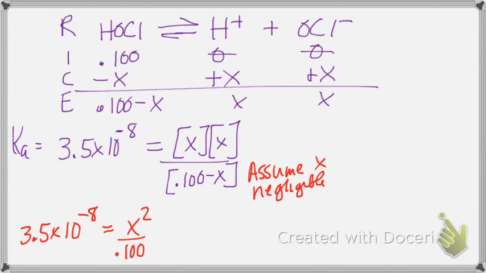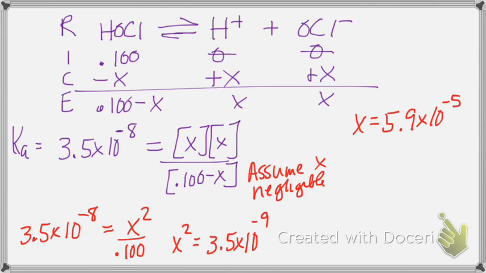So now the math becomes much easier. x squared is going to be equal to 3.5 times 10 to the negative 9. So then x is equal to 5.9 times 10 to the negative 5, and we could say that that was equal to the hydrogen concentration.